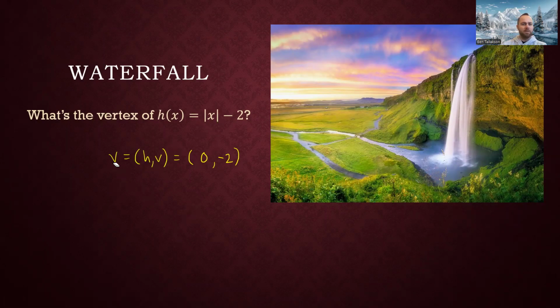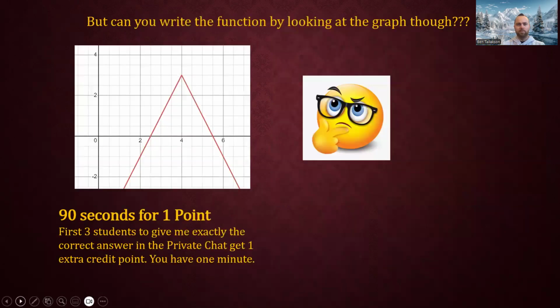I guess this might be a little confusing with the two v's, so I'm going to write out vertex. But can you write the function by looking at the graph? Test yourself. We know we can name a function f of x, g of x, something like that.